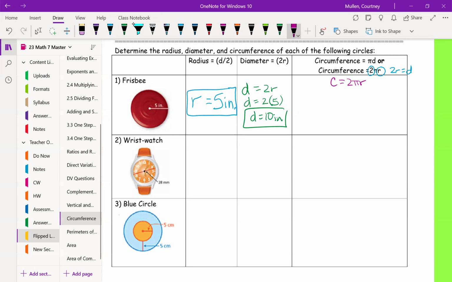The first thing we're going to do is calculate the circumference in terms of pi. So I'm trying to find the circumference. 2 times pi times the radius, which we knew was 5. 2 times 5 is 10. So the circumference is 10 pi. And that unit is inches. This is called an answer in terms of pi. And this is an exact answer.